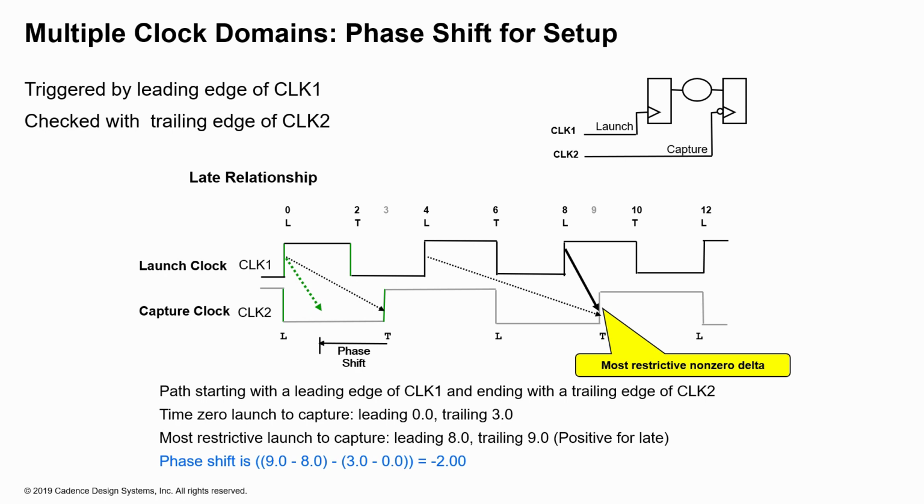Now we just try to figure out the launch and the capture based on ideal clocks. In the case of ideal clocks, the launch edge, which is the most restrictive, is 8, and the trailing edge is the most restrictive capture edge. And in cycle 1, launch edge is 0 and trailing edge 3 is the capture edge.